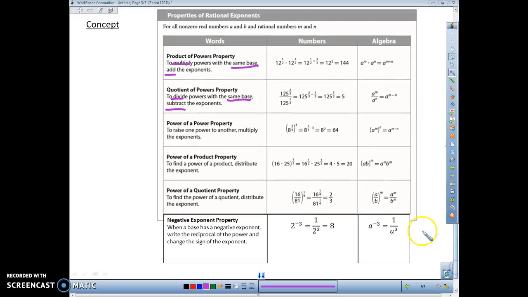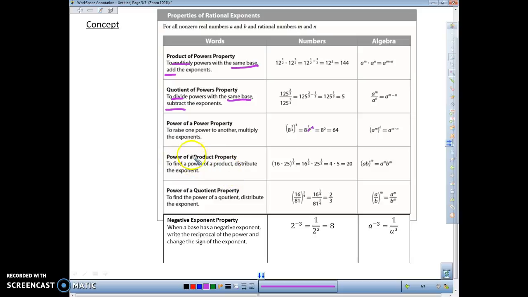The next thing we want to talk about, which may be familiar from Math 2, is the power of a power property. This says to raise one power to another, we multiply the exponents. So 8 to the power of 2/3 raised to the power of 3: I multiply these, 2/3 times 3, the 3's cancel out, and I get 8 squared, which is 64.